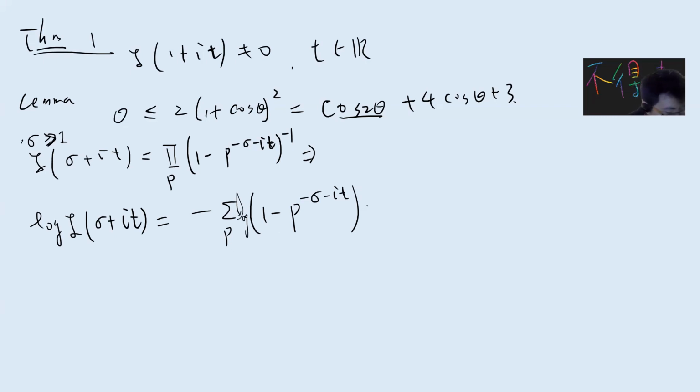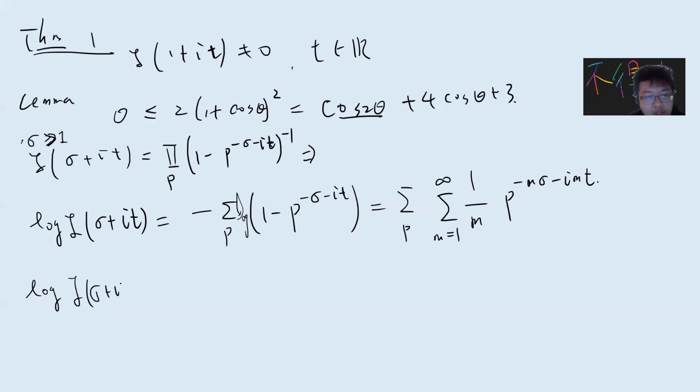Okay, now you expand it. You get the summation over p, which is our prime number, and m from 1 to infinity, 1 over m, p to the minus m sigma minus imt. Let's take the absolute value.